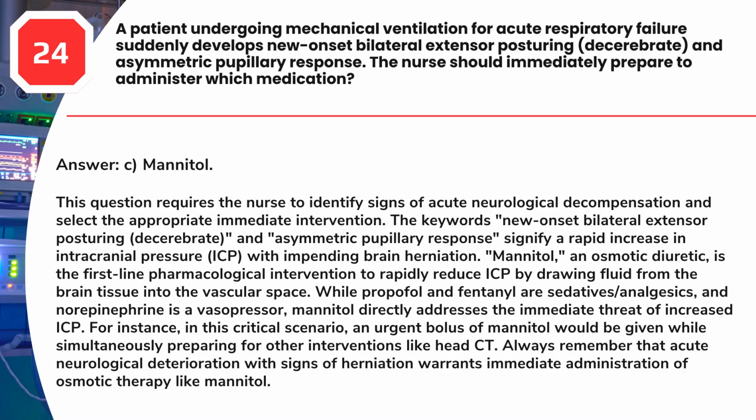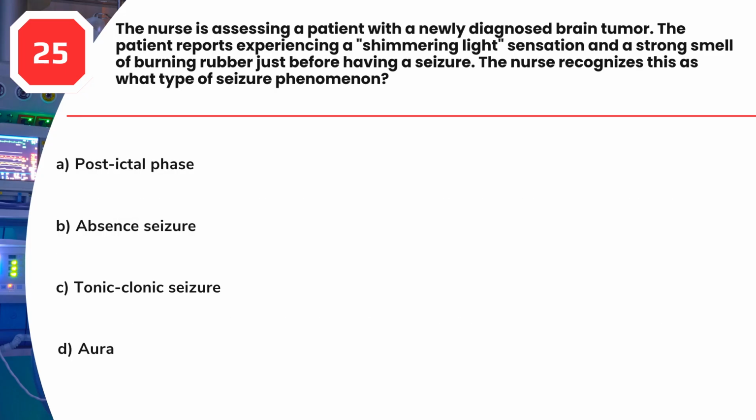While propofol and fentanyl are sedatives/analgesics, and norepinephrine is a vasopressor, mannitol directly addresses the immediate threat of increased ICP. For instance, in this critical scenario, an urgent bolus of mannitol would be given while simultaneously preparing for other interventions like head CT. Always remember that acute neurological deterioration with signs of herniation warrants immediate administration of osmotic therapy like mannitol.